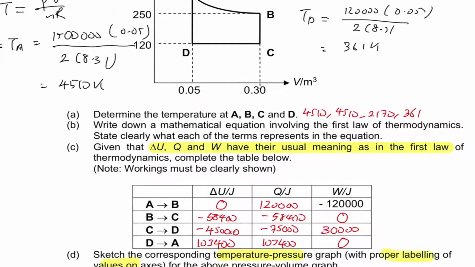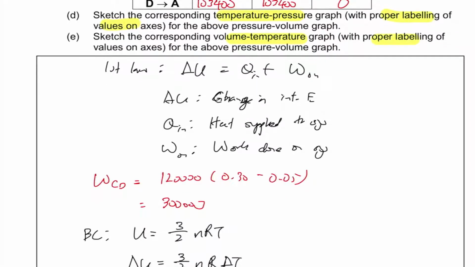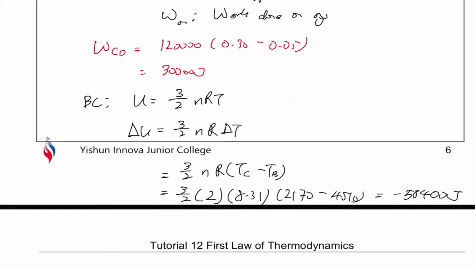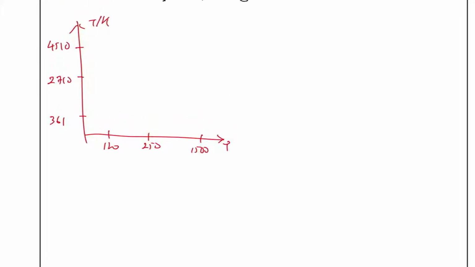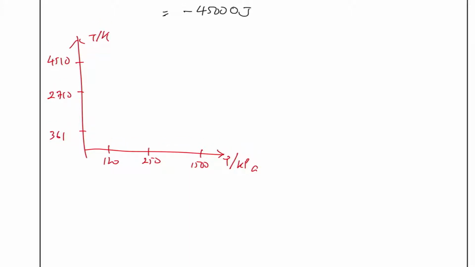Yep, and then okay. So if you look at this, you can find the points. So this is P slash kPa, and you can mark the points very quickly. A is at this point here. This is A. Okay. B is at 250 and 4510.